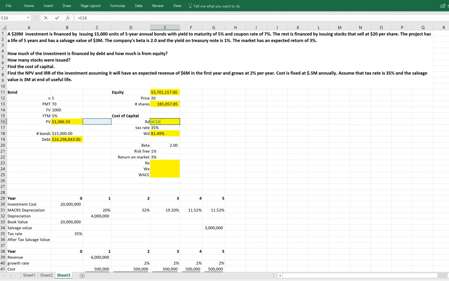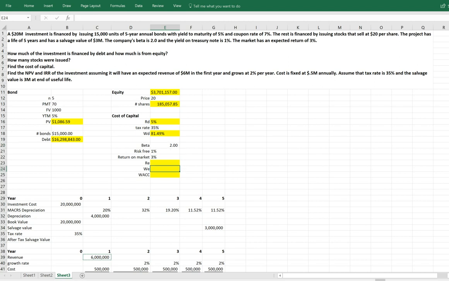The cost of debt is the yield to maturity. The tax rate is 35%. The weight of debt would be 16 million divided by 20 million, so 81% is financed by debt. Now let's get the cost of equity.